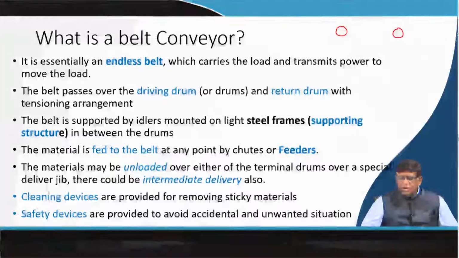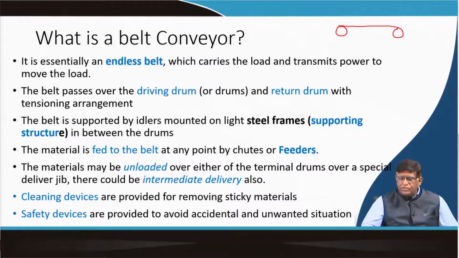Over that you will have an endless belt going like this, and it is just going over here, and this is carrying the material. Now, one of them could be a driving drum. That means this is connected to a gearbox and then to an electric motor, and this is your return drum, which can be connected to a system where it will be doing the tensioning.